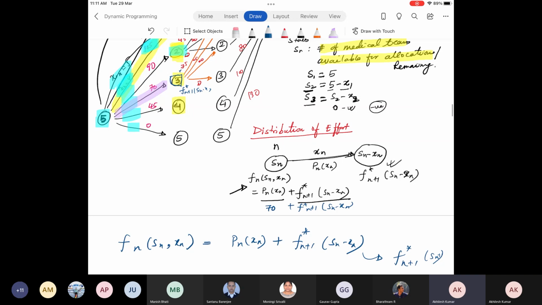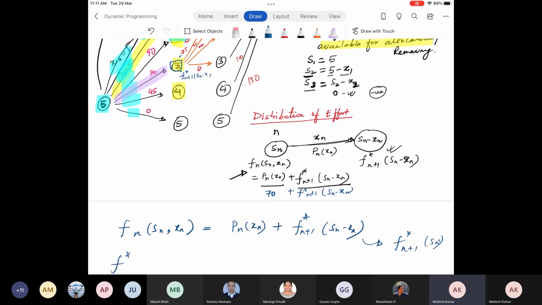So what we want is to optimize F star n(Sn) equals the maximum over Xn equals 0 to Sn, that is the possible maximum I have, of Pn(Xn) plus F star n plus 1(Sn minus Xn), for n equals 1 and 2.